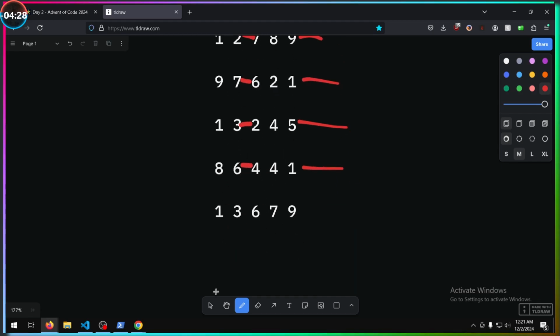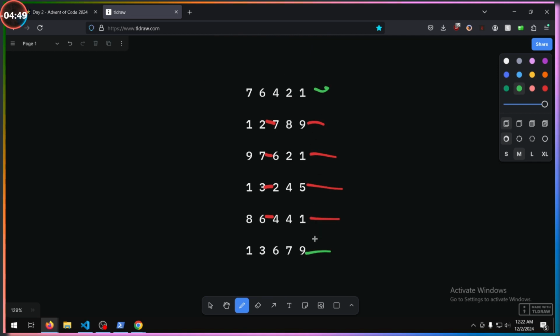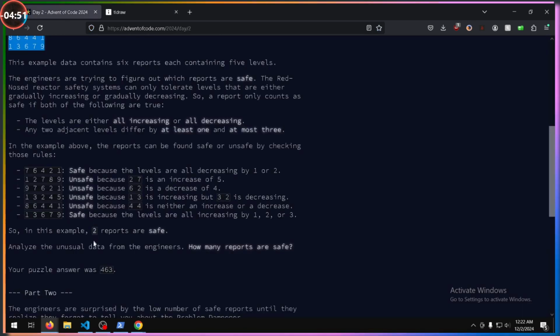That's a nice example. And then this one succeeds because 1 to 3 is an increase of 2, 3 to 6 is an increase of 3, 6 to 7 is an increase of 1, and 7 to 9 is an increase of 2. So this one is valid. Which means we have a total of 2 valid, and we return 2, because that's how many are safe and valid.